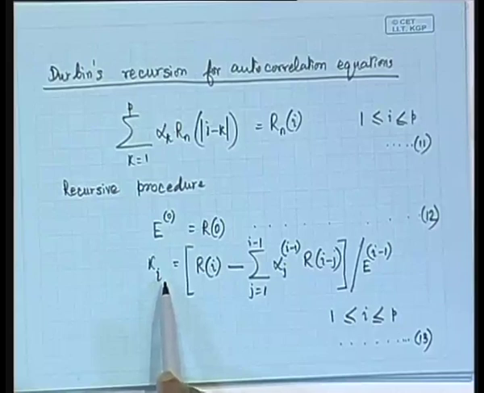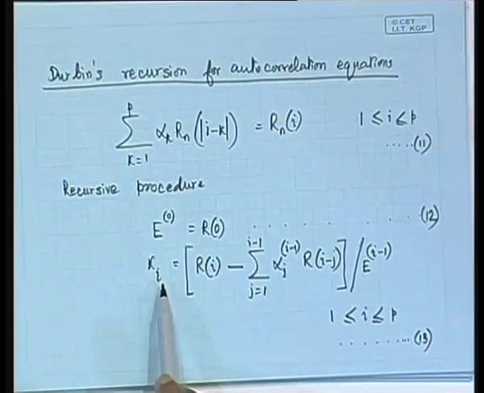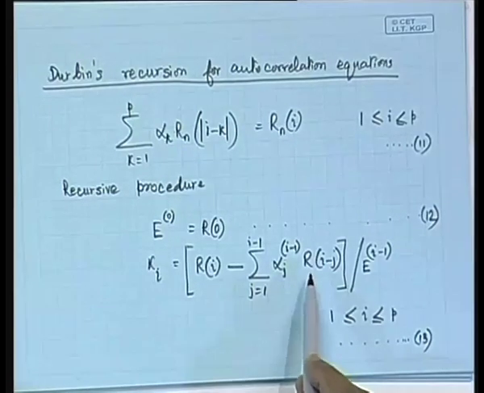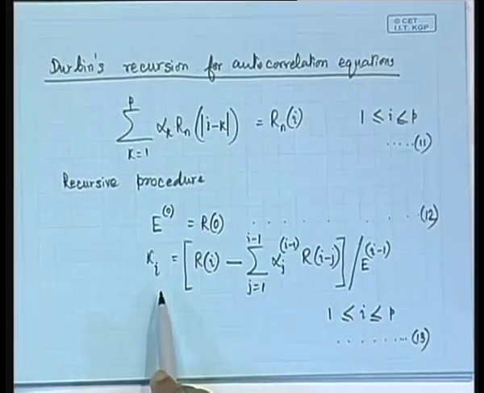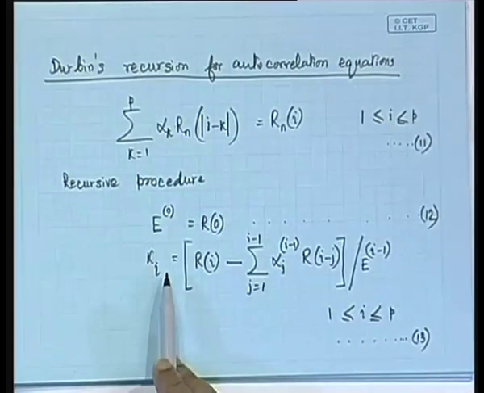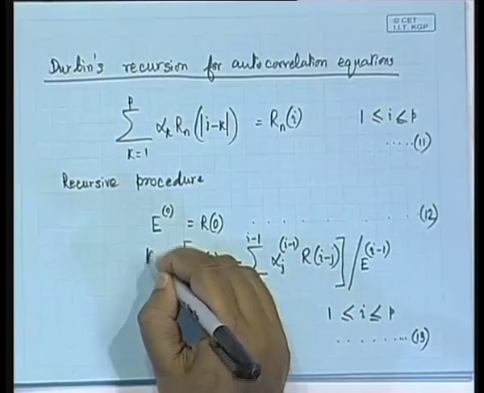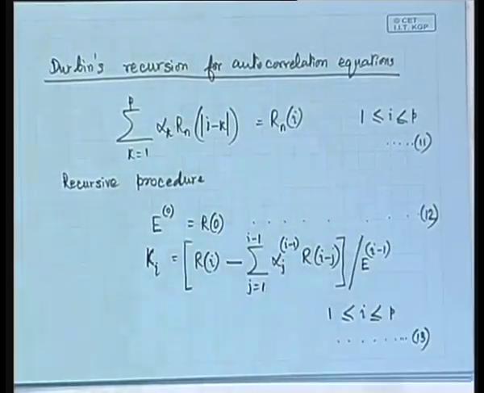So you just need an initial estimate of alpha, and with the initial estimate of alpha you will be able to obtain the value of k_i.